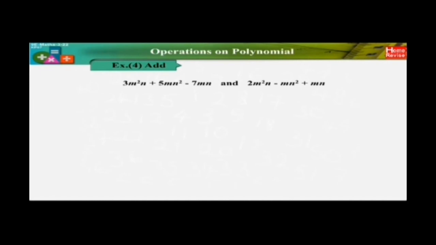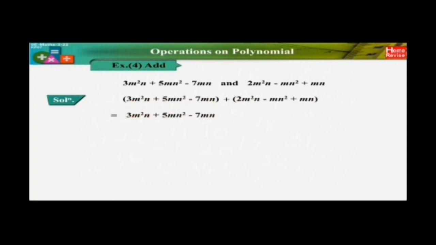Add 3m^2n + 5mn^2 - 7mn and 2m^2n - mn^2 + mn. Solution: (3m^2n + 5mn^2 - 7mn) + (2m^2n - mn^2 + mn). Next step, we'll remove the brackets.